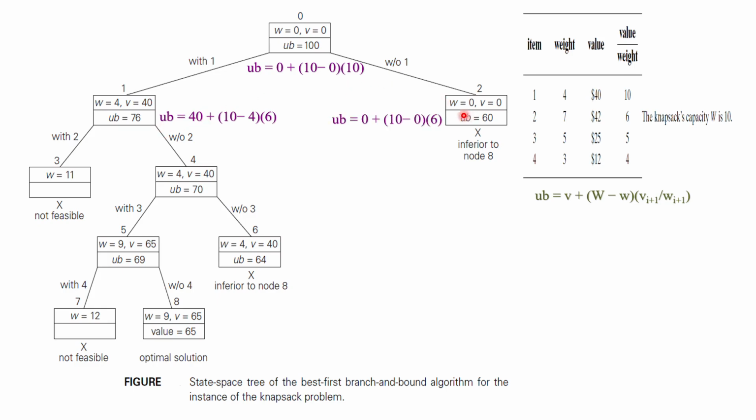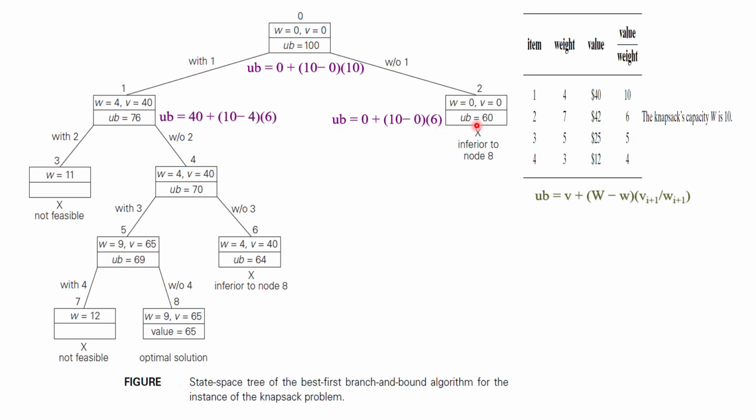Next, without 1, I have to consider here. If I am not including any item, then W value and V value are 0 only. Only the ratio changes because now I value is 1. So then you have to consider the I2 ratio. 1 plus 1, it is 2. Second item value and weight ratio, that is 6.